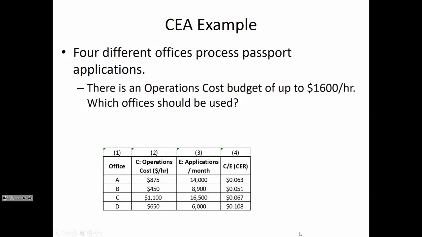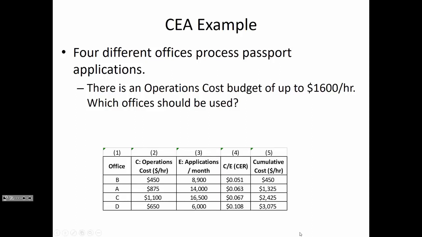So don't worry necessarily about what these units represent, but what you should keep in mind is that the lowest is always the best here. And so the lowest one is Office B, which is 5.1 cents, in terms of dollars per hour per application per month.